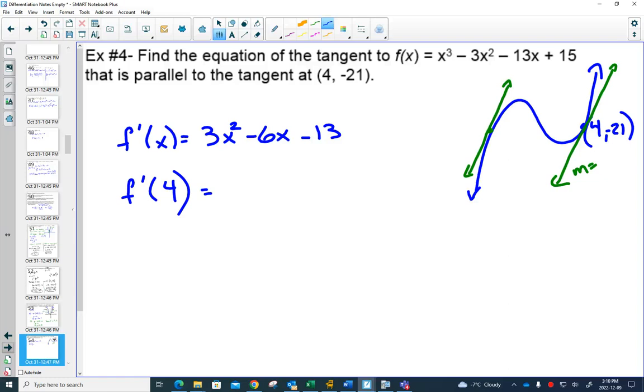Well, we plug in 4, you'll get 3 times 16 minus 24 minus 13. Someone double check my mental math just to make sure. You get 11. So we now know the slope of this tangent line is 11.